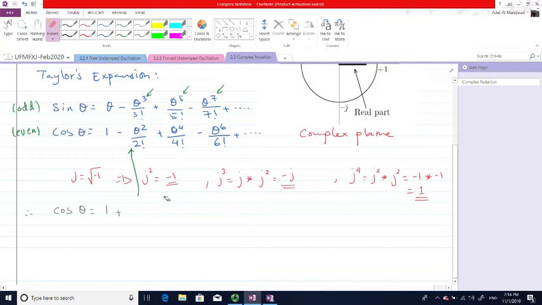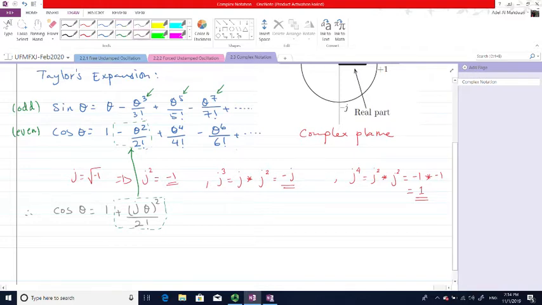So what we have again is j theta squared over 2 factorial. This one will be the same as this one, which is a negative value. Why? Because j squared is -1. So minus theta squared over 2 factorial is what we are going to get here. Now this is totally clear.